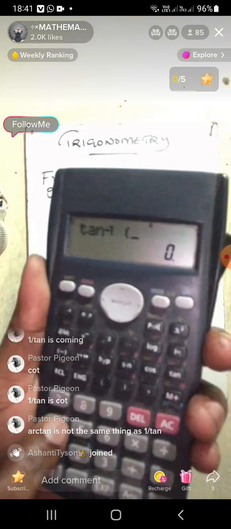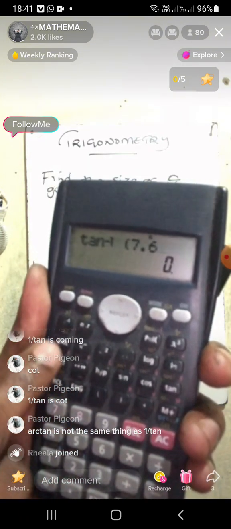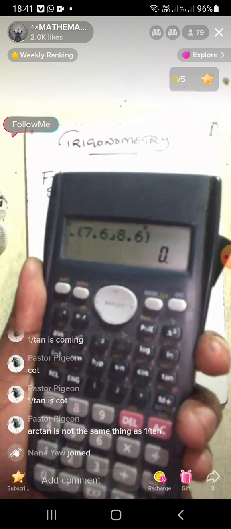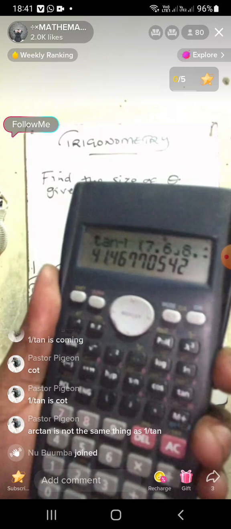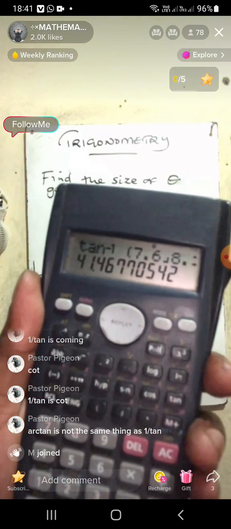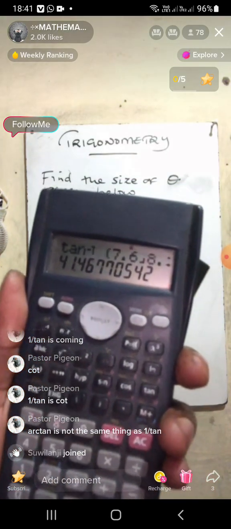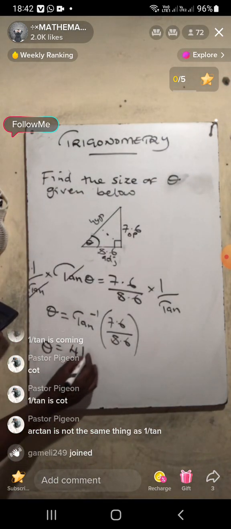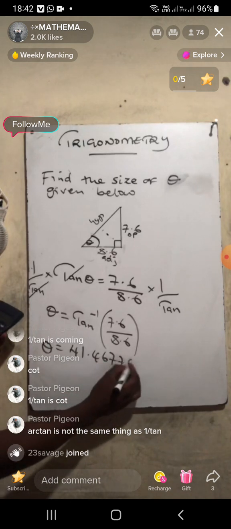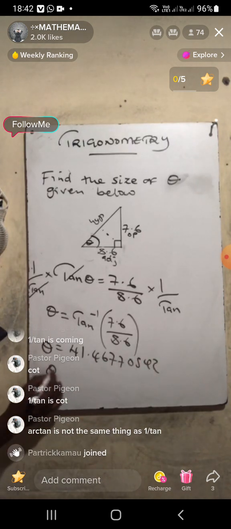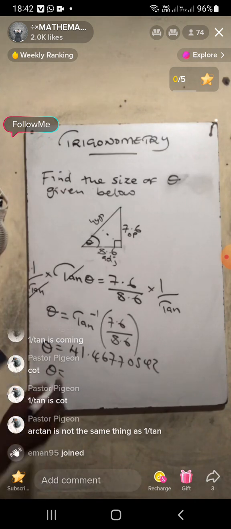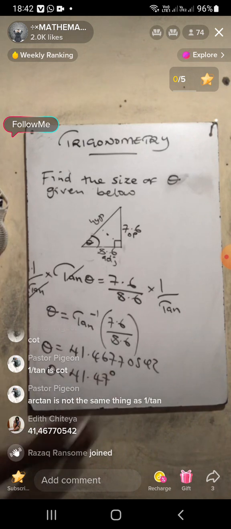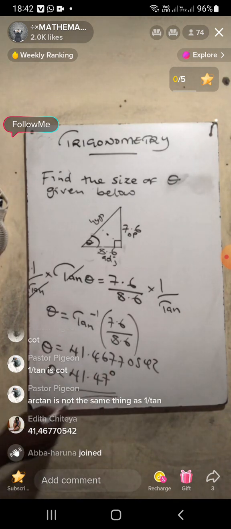Open bracket, all right? 7.6 over 8.6, close bracket. And our answer is 41.46770542. Okay, so now look at this. We are going to have 41.46770542, and leaving it to 2 dp, it will be 41.47 degrees as our theta.